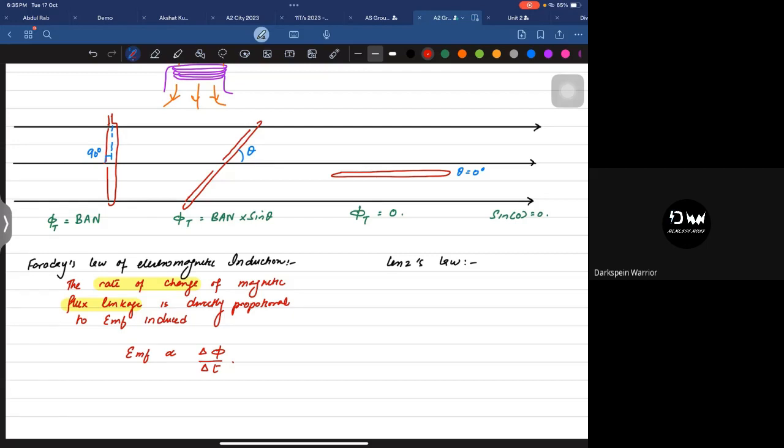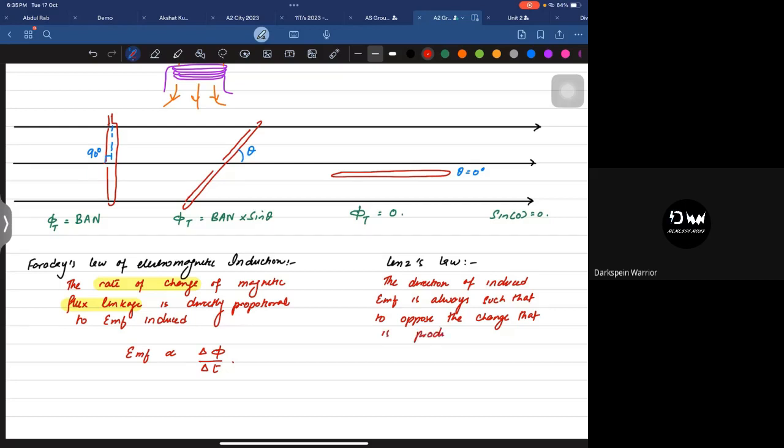Now, interestingly, when Faraday gave this law, it is not 100% accurate, although he talked about the right thing. So Lenz, basically the other scientist, said the law has a big issue, and he said that the direction of induced EMF that he's talking about is always such that to oppose the change that is produced.